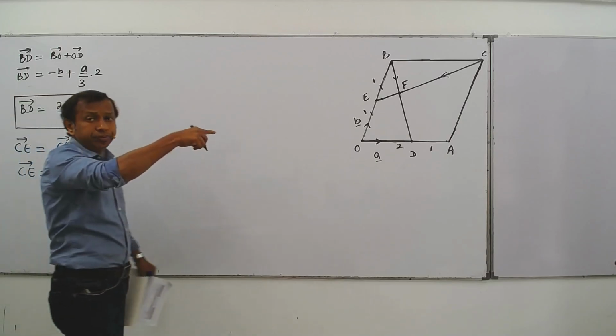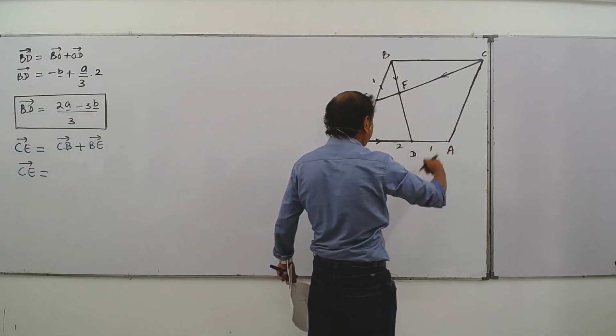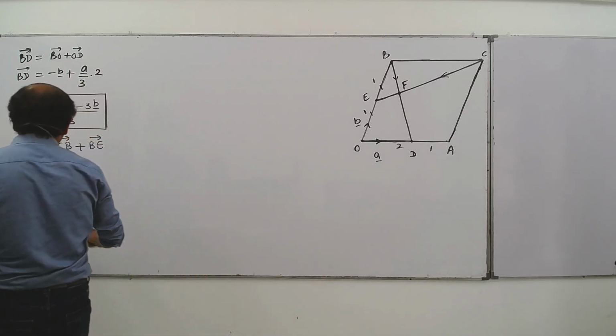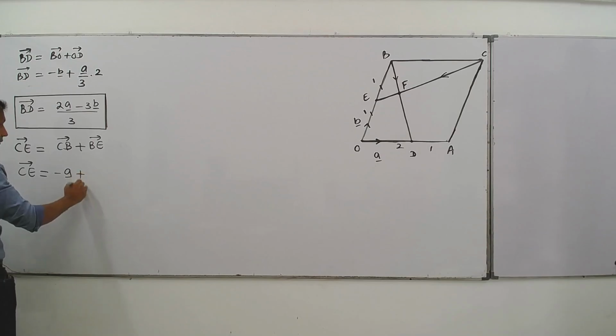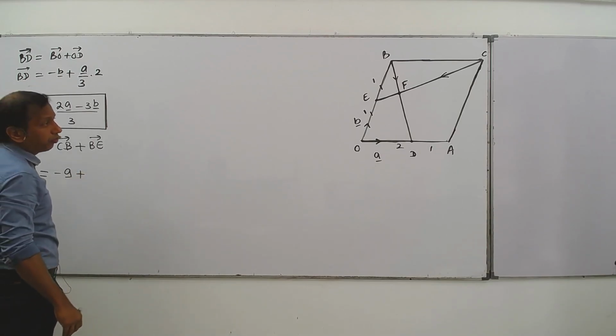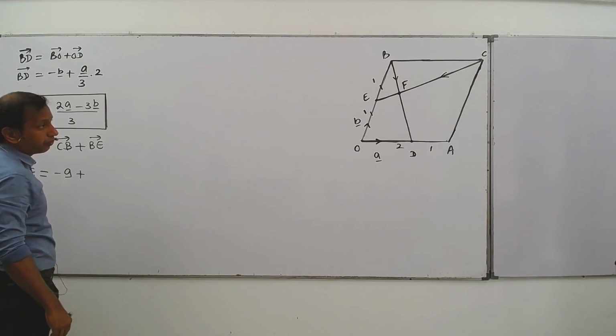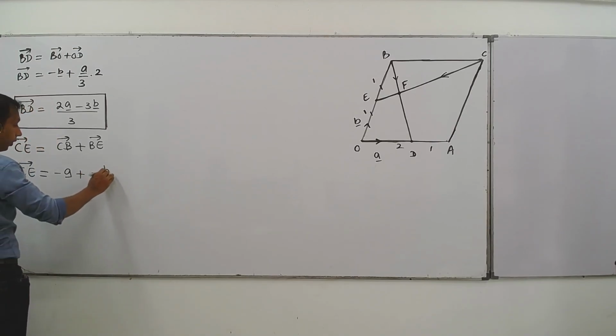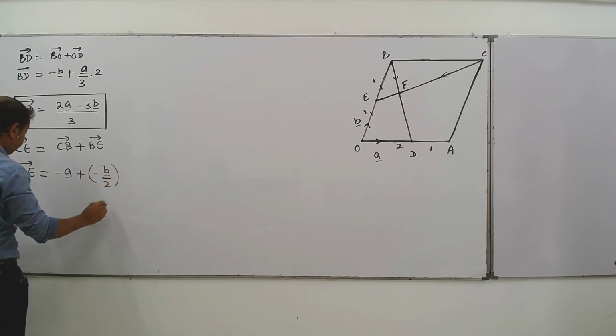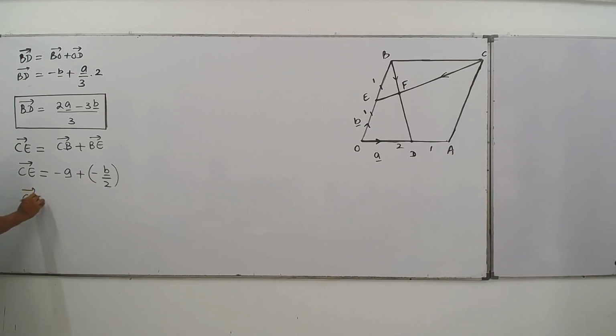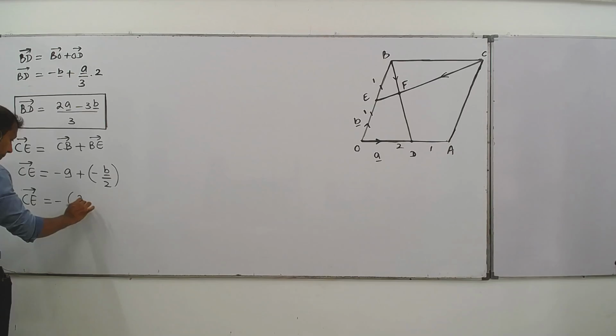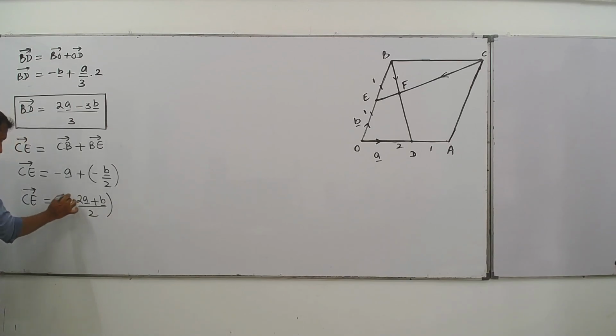C to B vector is the negative vector of O to A, then CB vector is minus A. BE is the midpoint of BO, then it's minus B by 2. Then we get CE vector, taking minus sign out, 2A plus B by 2, like this.